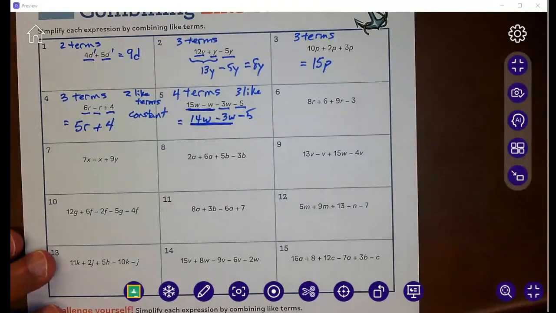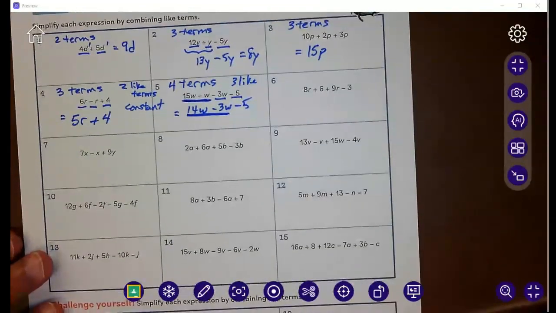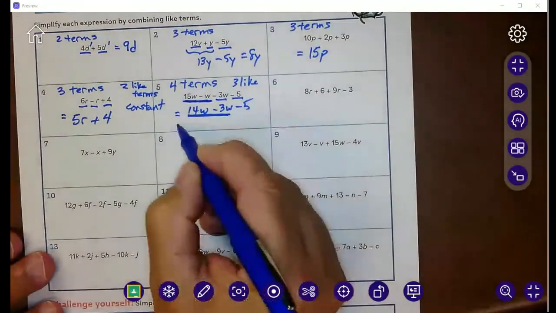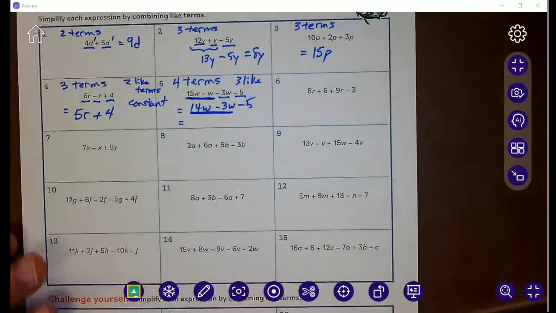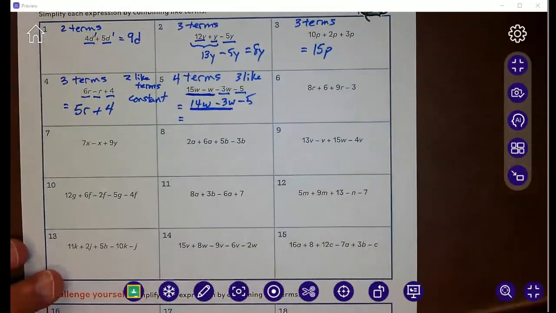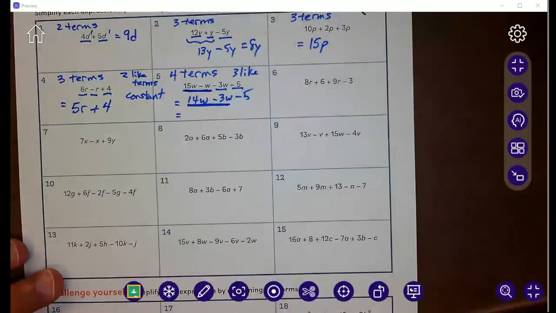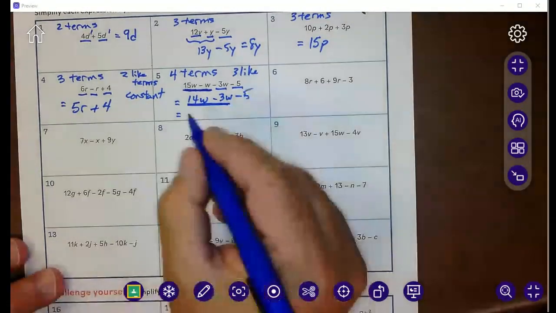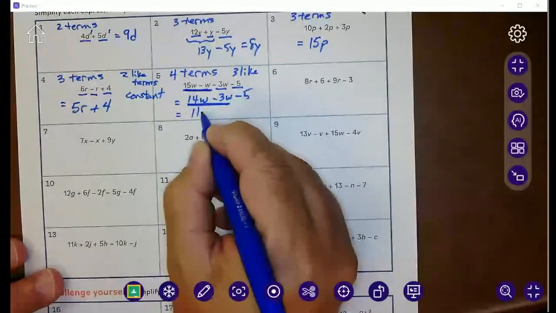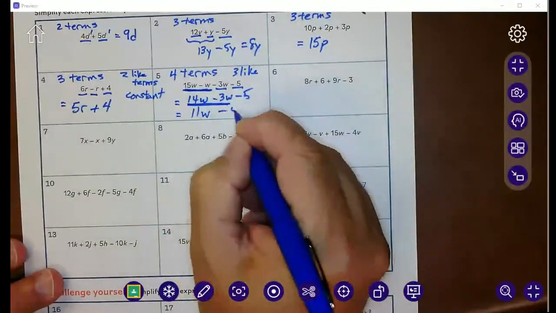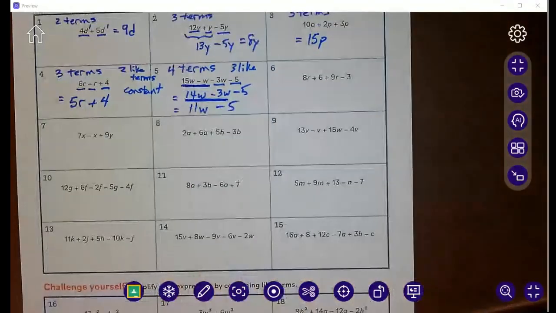So we still have to combine those 2 like terms. Mr. Quinn, what do we get if we combine 14W and -3W? 11W, very good, that's exactly right. Minus 5.